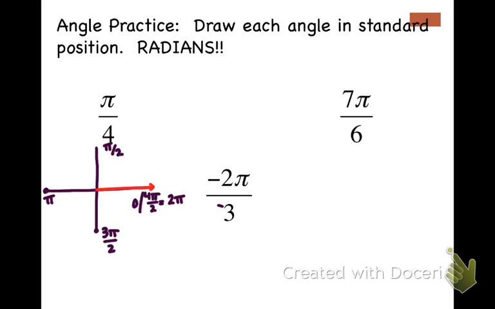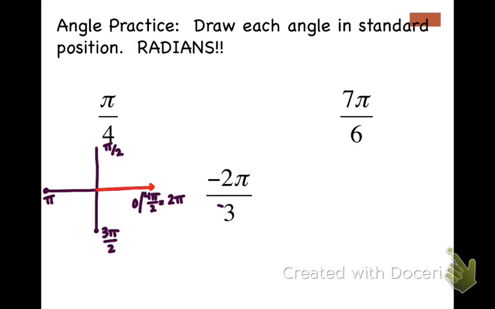And I want to open this up to a pi over 4 angle. So I want to think about which of those sections would pi over 4 fit. Would it fit between pi over 2 and pi? Would it fit between 3 pi over 2 and 2 pi?